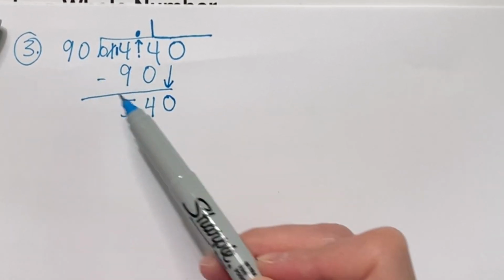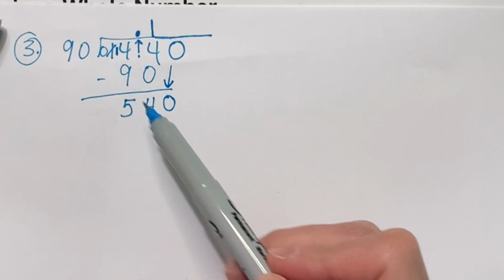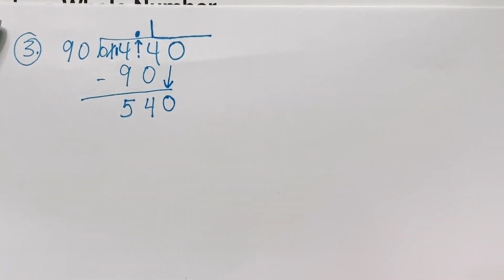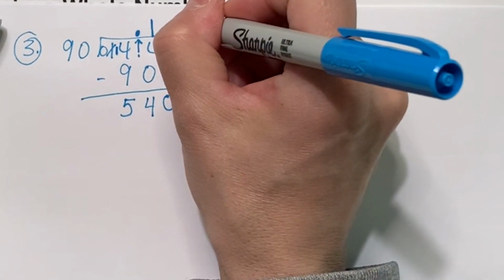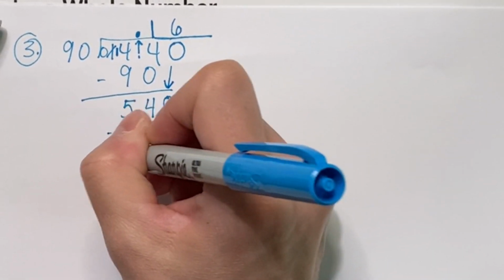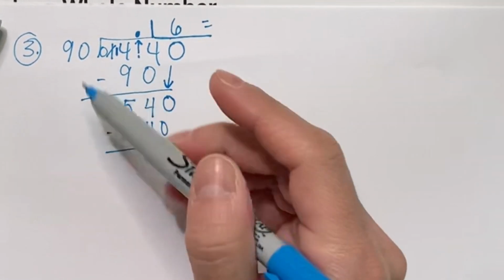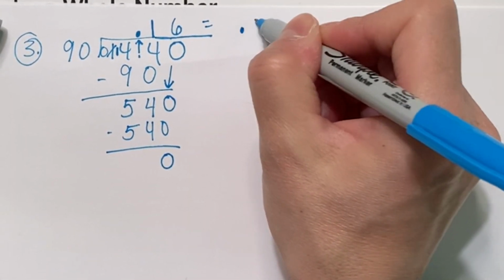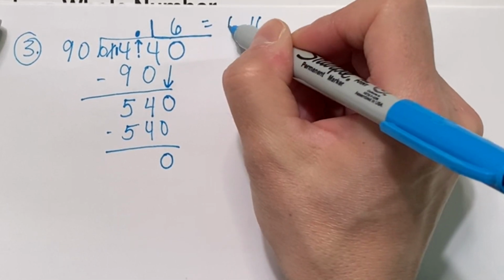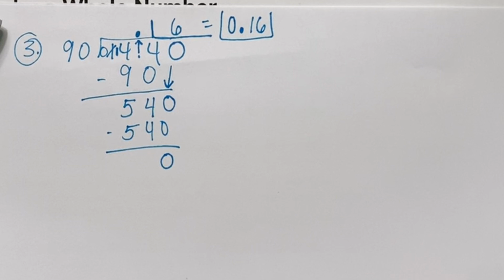I know that 9 can go into 54 6 times. So using my mental math, 90 times 6 is 540. I subtract. I have a remainder of 0. So my answer is 0.16. And if you'd like to put a 0 in front, you absolutely can.